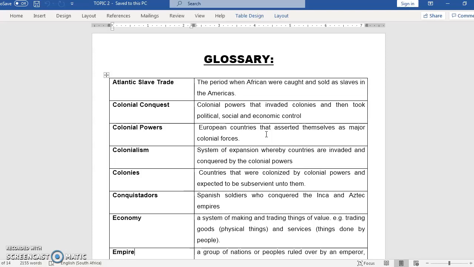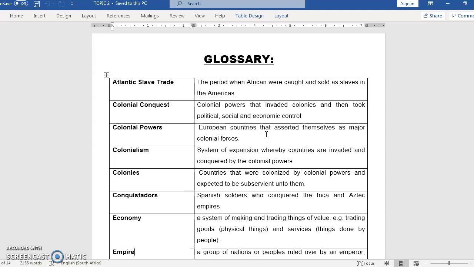Then we have colonial conquest: colonial powers that invaded colonies and then took political, social, and economic control. So let's first break down what are colonial powers. It's basically European nations that have a lot of clout.